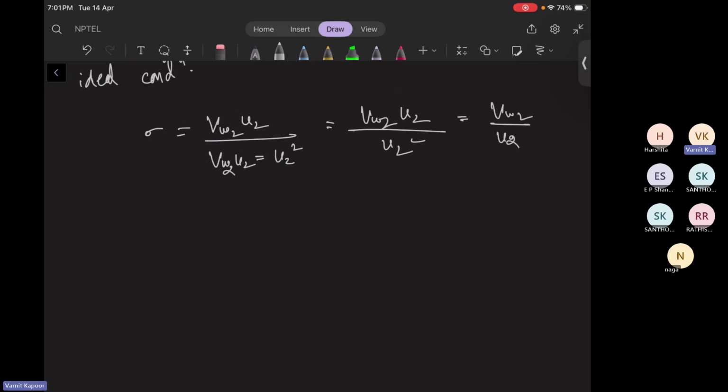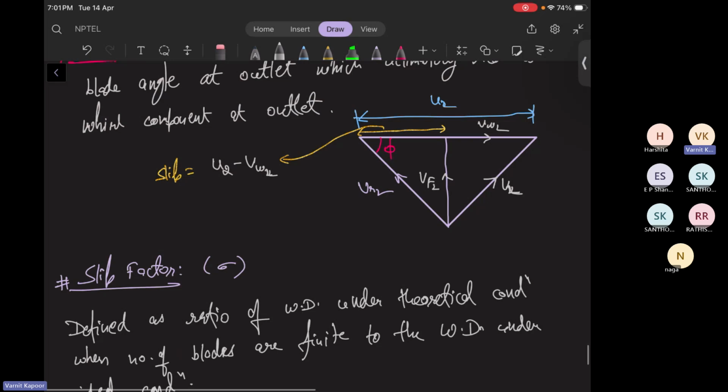VW2 is a lower value and U2 is a higher value if you see from this diagram. U2 is a bigger value.